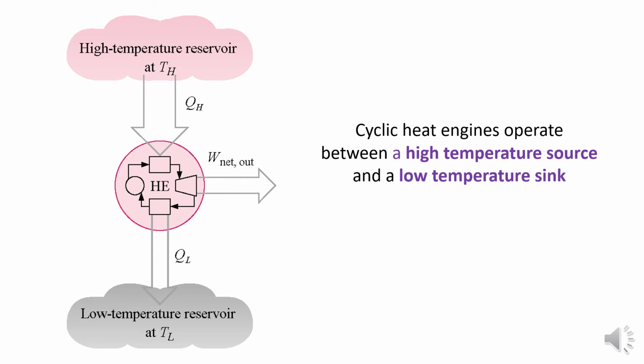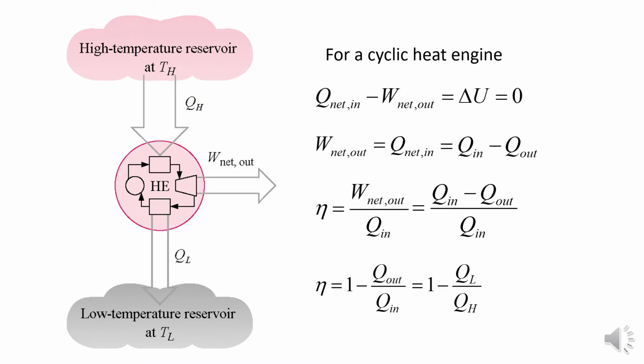So a cyclic heat engine operates between a high temperature reservoir, which is the source, and a low temperature reservoir, or the sink. If you want to calculate the performance of the heat engine, usually the Q net in is QH minus QL.